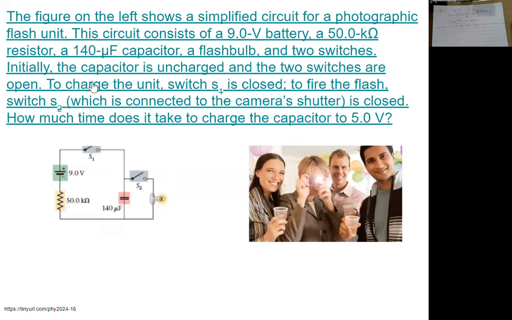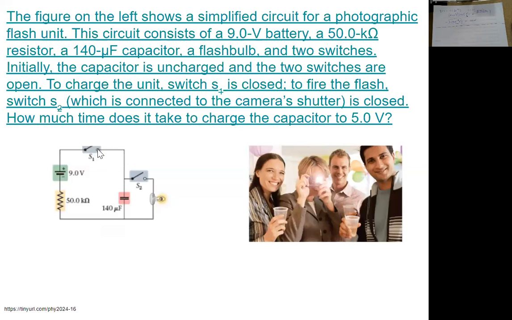Initially, the capacitor is uncharged and the 2 switches are open. To charge the capacitor, switch S1 is closed. To fire the flash, S2 is closed. How much time does it take to charge the capacitor to 5.0 volts?